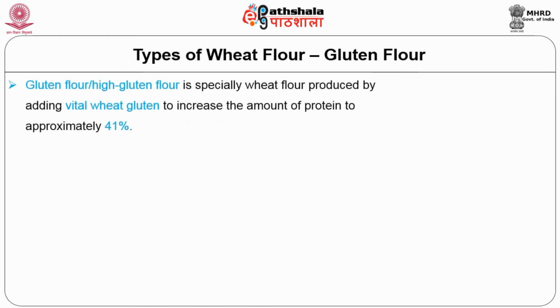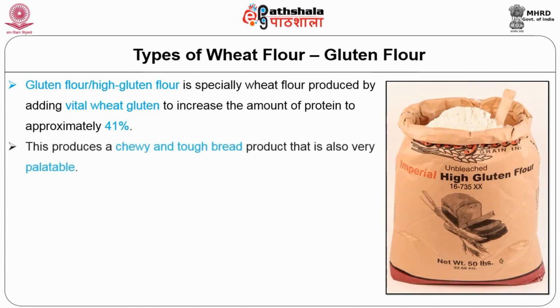Gluten flour, or high gluten flour, is a special wheat flour produced by adding vital wheat gluten, which is dried gluten, to increase the amount of protein to approximately 41%.